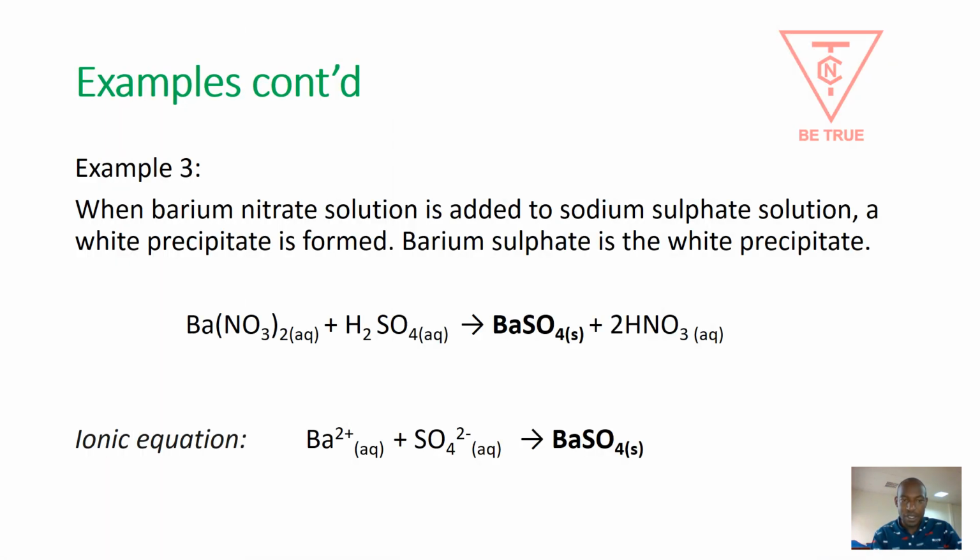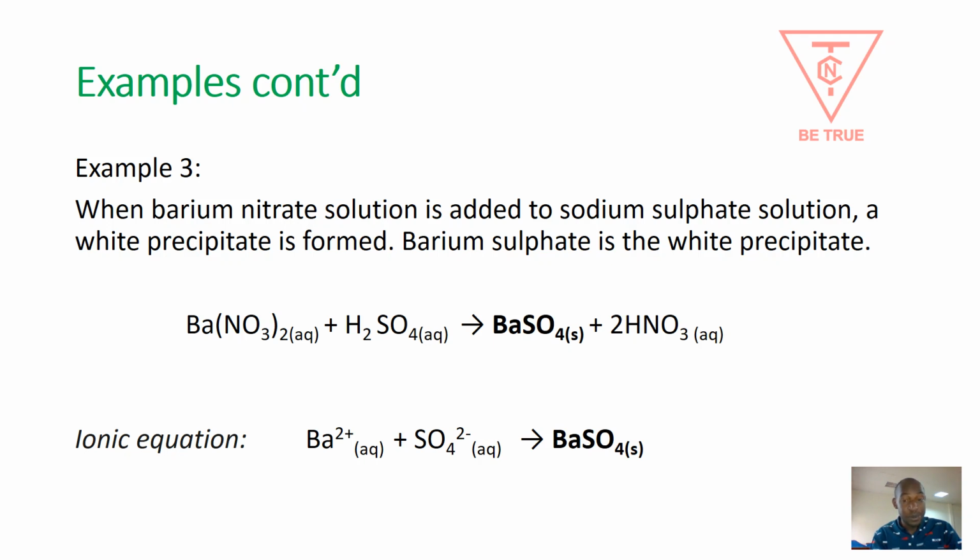Example number 3 will involve the use of barium nitrate solution, colorless, and sodium sulfate solution, colorless. There will be a white precipitate when these two solutions are mixed. But the precipitate is barium sulfate because it is insoluble in water.